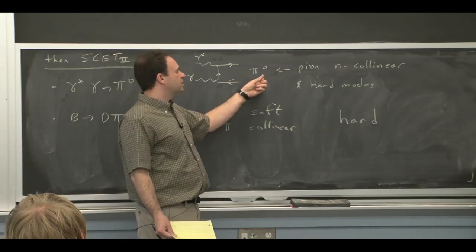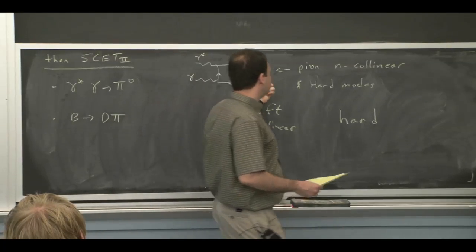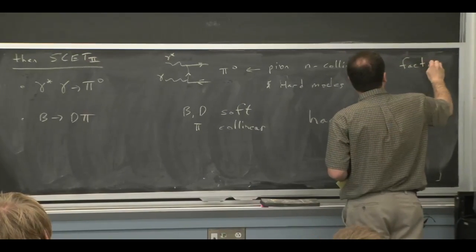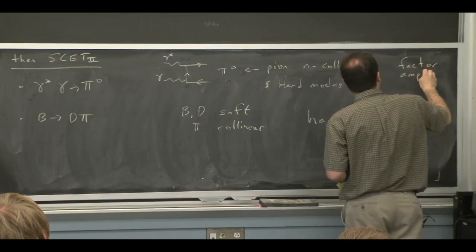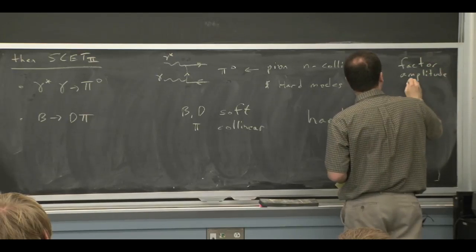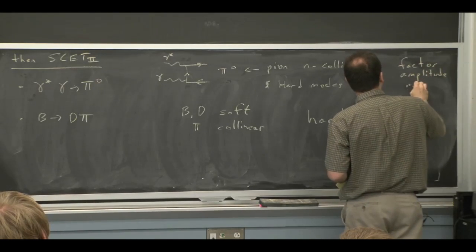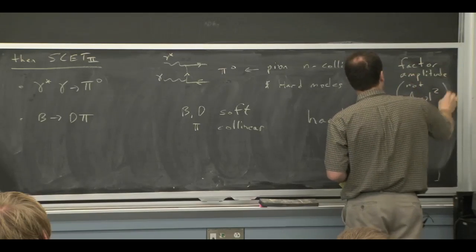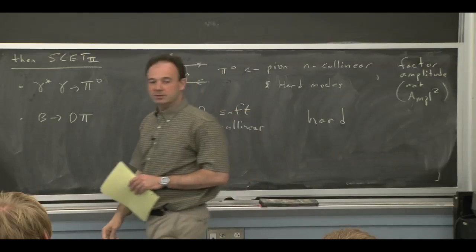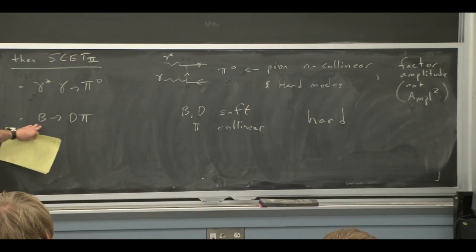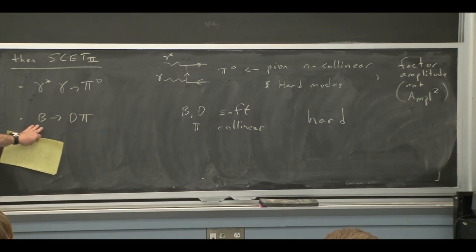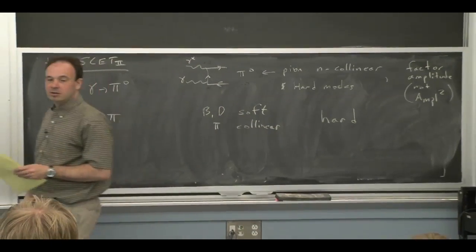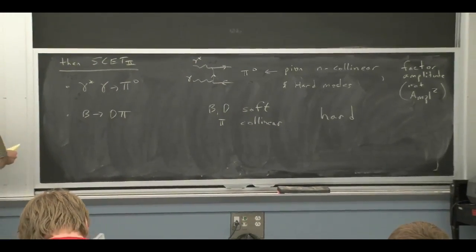So the difference between this example and the one we just did is that in this case we'll factor the amplitude, not the squared amplitude. But other than that, it'll look very similar to the example we did for DIS. B to D pi then is an SCT2 example where we make things a little more complicated, because now we have soft, collinear, and hard modes. And we'll see what happens there.